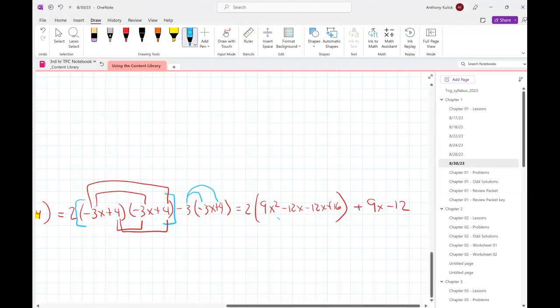Okay. Notice inside this parentheses we can combine the negative 12x's to make negative 24x.